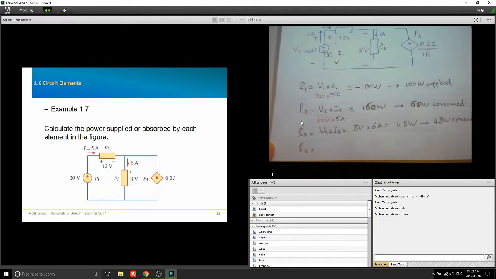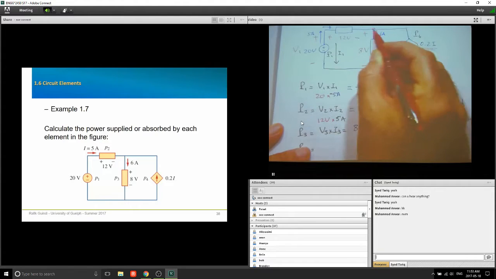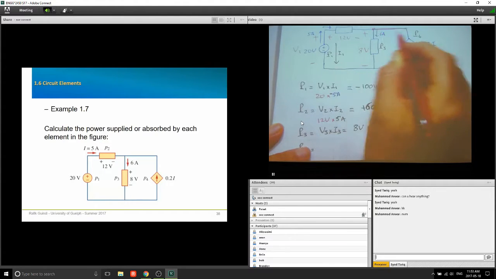Let's look at P4 now. Okay, so we have a current. How much is the voltage across this fourth element, across the current source? Yes, 8. How do you get that? Exactly. So this voltage here is known to be 8 volts. Now this node and all of that, there's nothing in here.